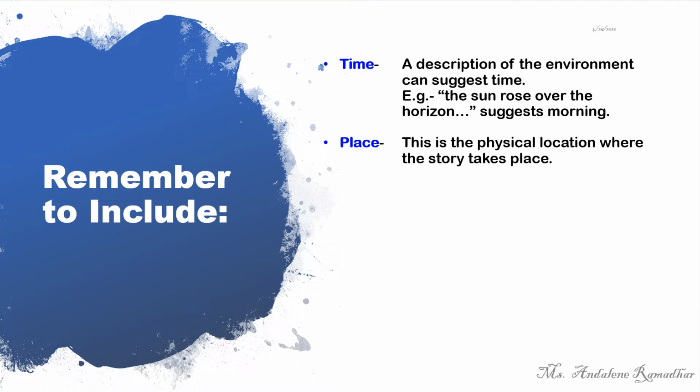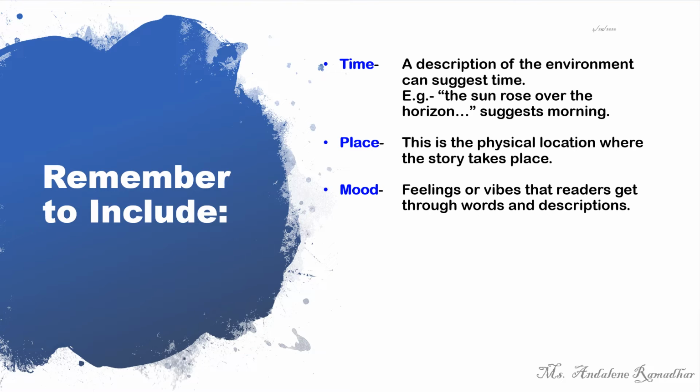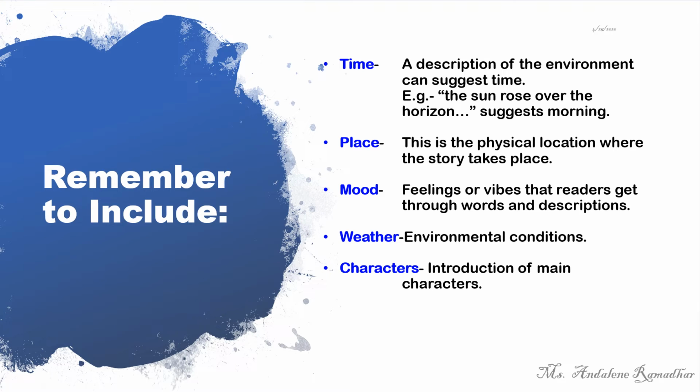This is the physical location where the story takes place. 3. Mood. This is the feelings or vibes readers get from reading words and descriptions that were used. 4. Weather. Weather refers to the environmental conditions. Characters are also introduced in this paragraph.